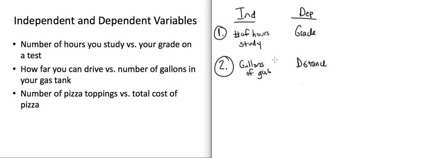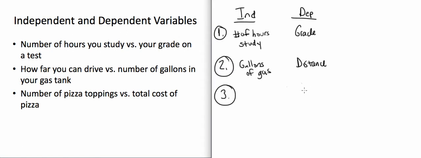So last thing, you know how much everyone likes food, so we're talking about pizza toppings and price. If you order just a cheese pizza, that's going to cost less than if you order a pizza that has 6 different toppings. So the total cost of the pizza depends on the number of pizza toppings that you order.